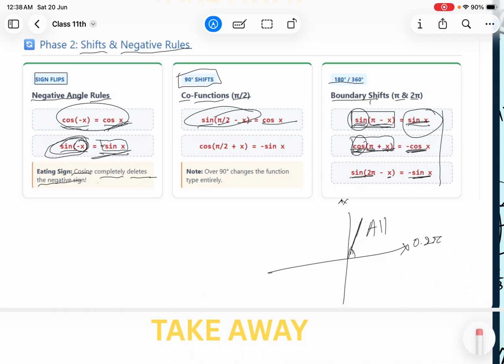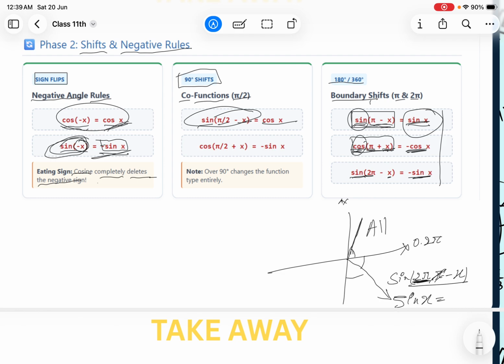In this example, if we have sine of 2 pi or pi, anything we can consider. Suppose we are considering 2 pi minus x, so it comes in the 360, so it will come in this fourth quadrant, and in the fourth quadrant sine will be negative, and because we are making this angle with respect to the x axis, the function stays as it is, sine x.